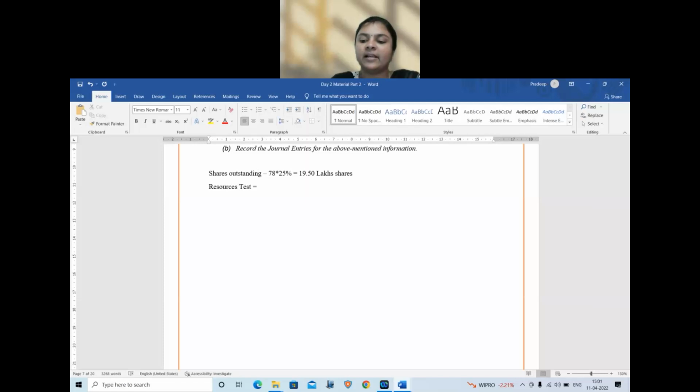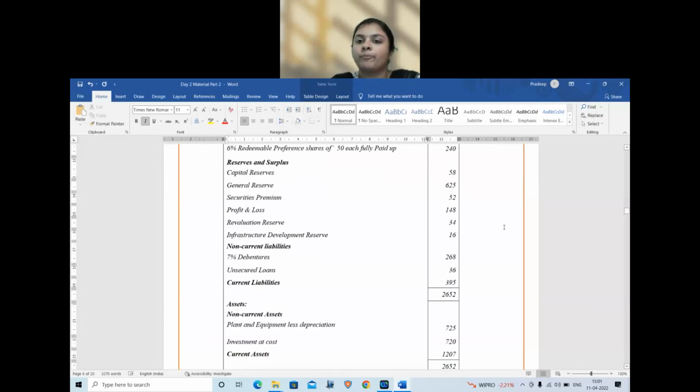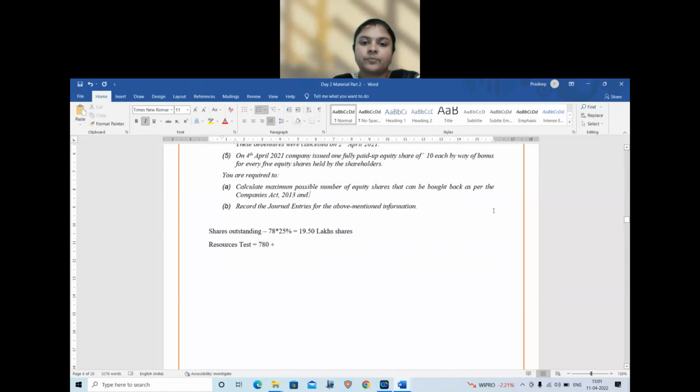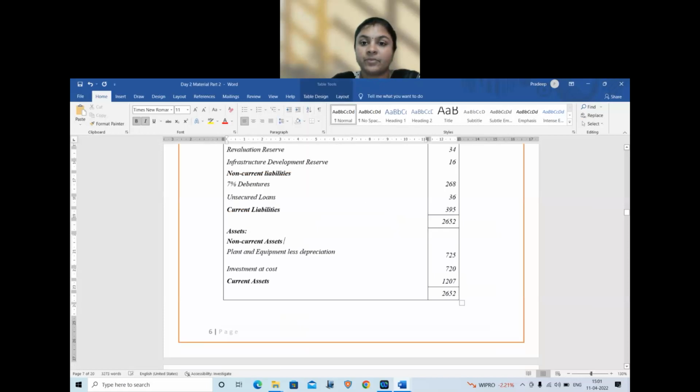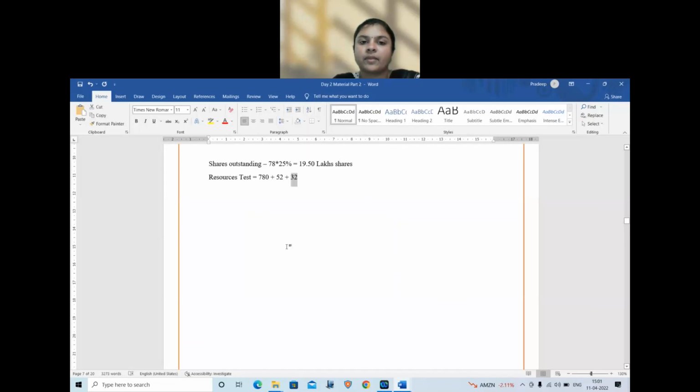So let us go to equity capital 780 plus securities premium available in the question is 52, plus general reserve 625, plus P and L 148. Correct? Ideally, that's all. But here, preference capital is redeemed.